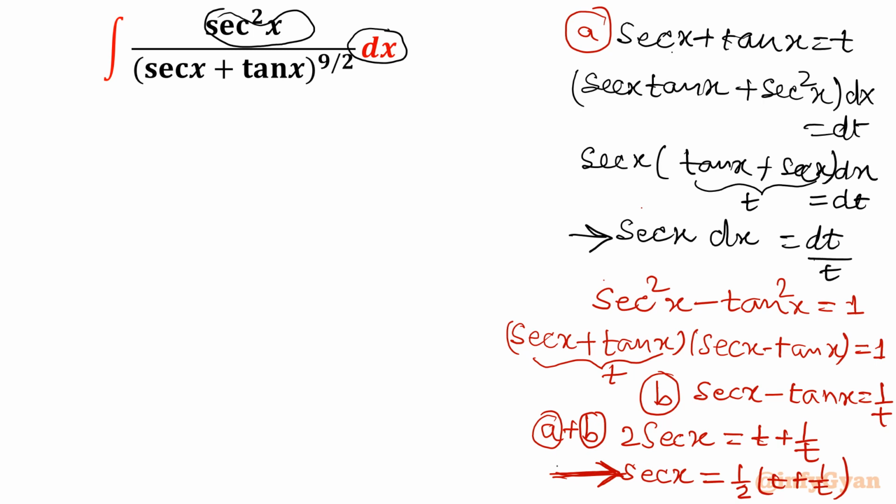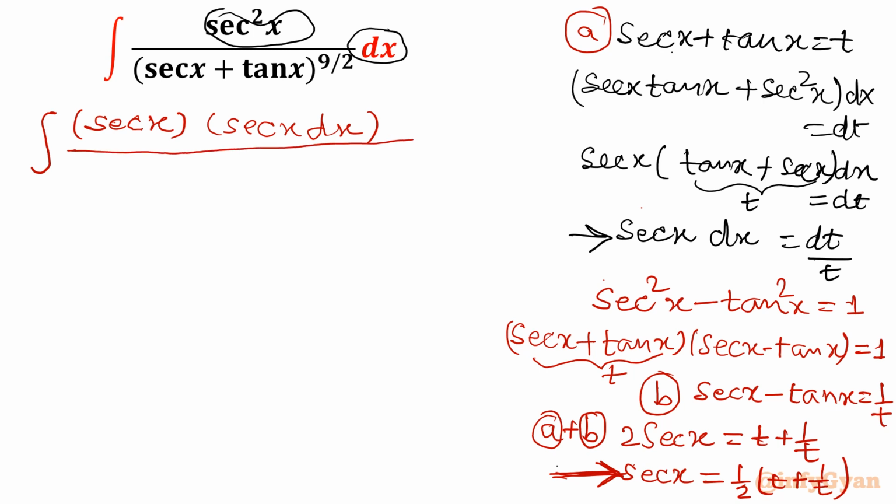So the second sec x I will replace by this, and the integration will convert into: I will write it in this manner, first sec x into sec x dx over (sec x plus tan x) raised to the power 9 over 2.